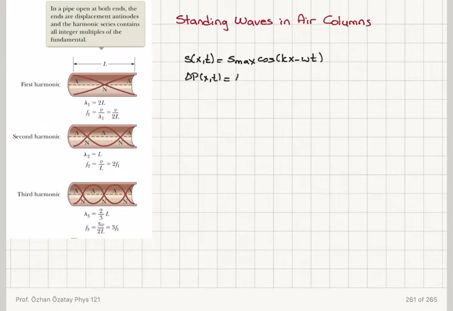And for the pressure description, delta P as a function of x and t is delta P max sine kx minus omega t.